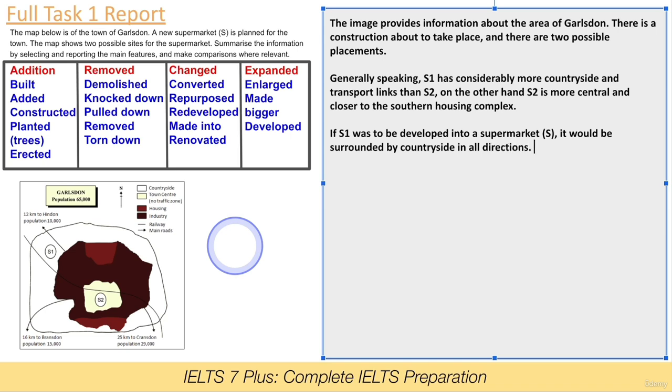So all around, we can use our directions. So yes, from all sides there. Okay. So that's point number one. Let's move on to the transport then. So we can say with a railway and a main road running nearby. With a railway and main road running nearby on either side of site 1.